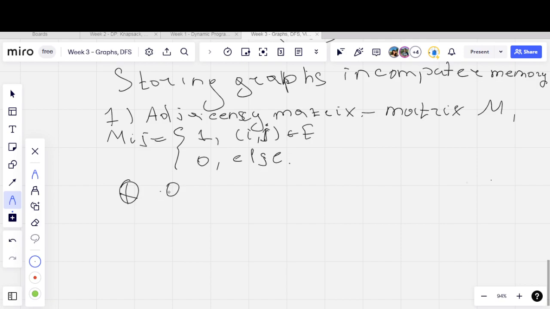We can simply check if the edge exists, but the memory will be O(n squared) because we have a full matrix.